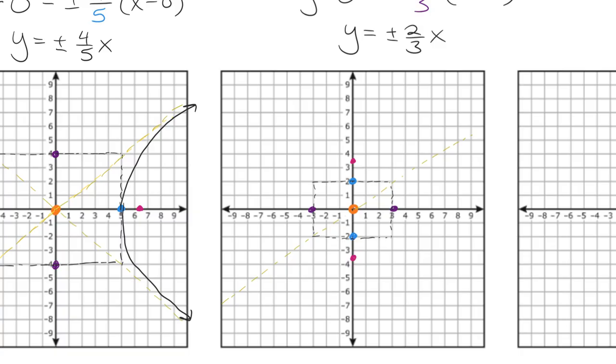Let me try that again. Remember this time that we should be opening up and down with a vertical transverse axis. So we play connect the dots with the blue, and there's nothing we really connect. We just get close to but never touch the asymptotes, branching out both up and down.